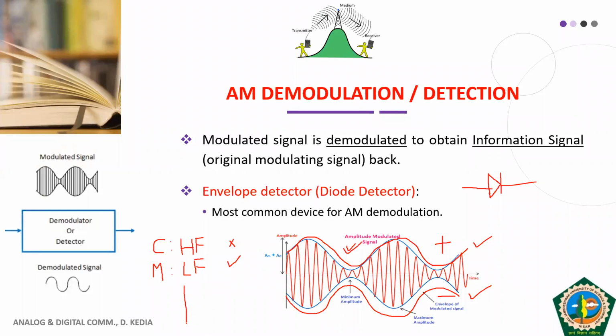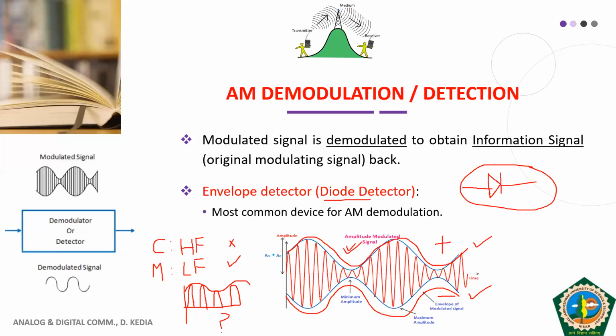I'll get this thing, say this is my positive part and my carrier has been clipped. Okay, only the positive part is left. The rest of the things are removed because of the diode. This negative part has been removed. Okay, so obviously the first step that I want is a diode to remove one of the sides, either positive or negative. That's why its name is diode detector.